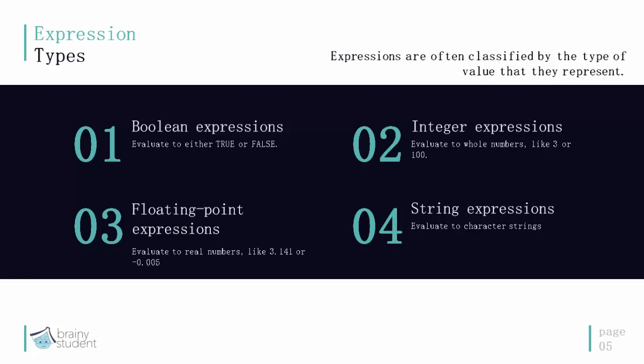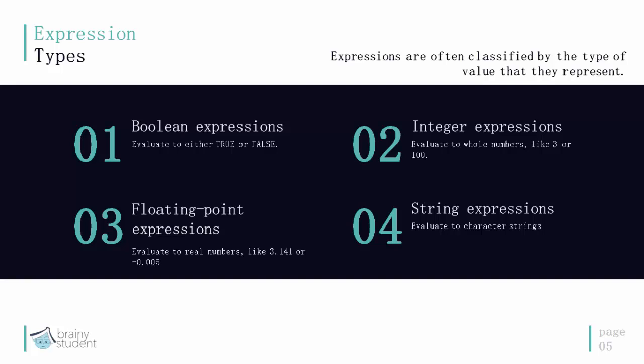Next, integer expression. An integer expression evaluates to a whole number like 3, 10. Any whole number will be represented by an integer expression. Basically, an integer takes 2 bytes in memory, and the range for an integer is -32768 to +32767. It can take any number in between this range.